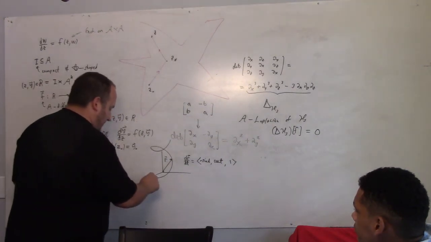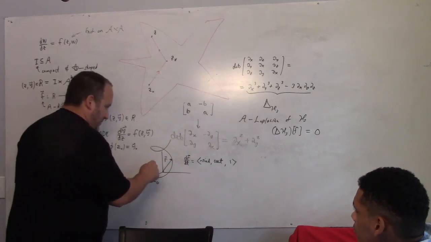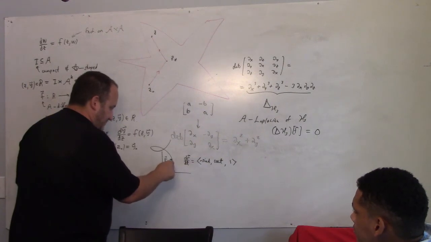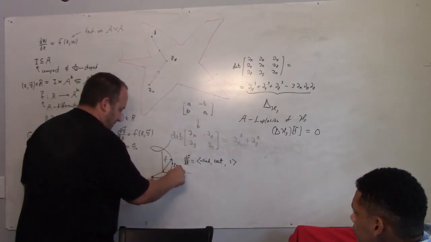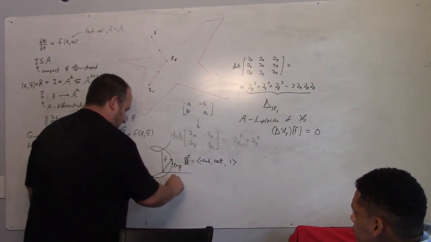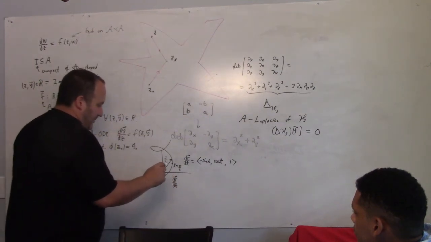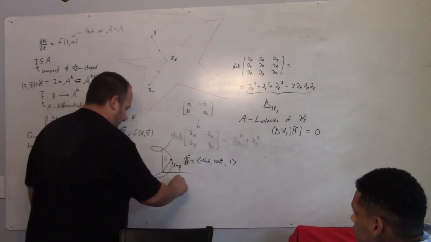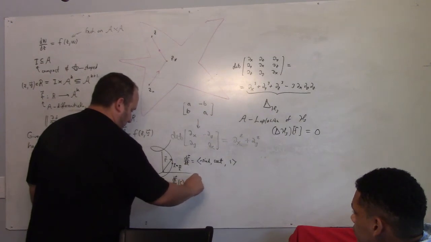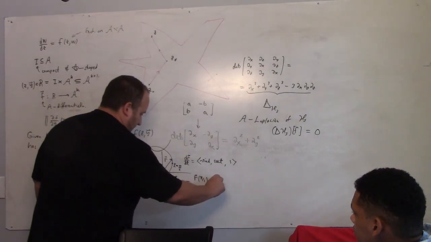So this is t equal to 0, and let's say here t equals pi over 2. So we look at the dr/dt of c equal to r of pi over 2 minus r of 0.